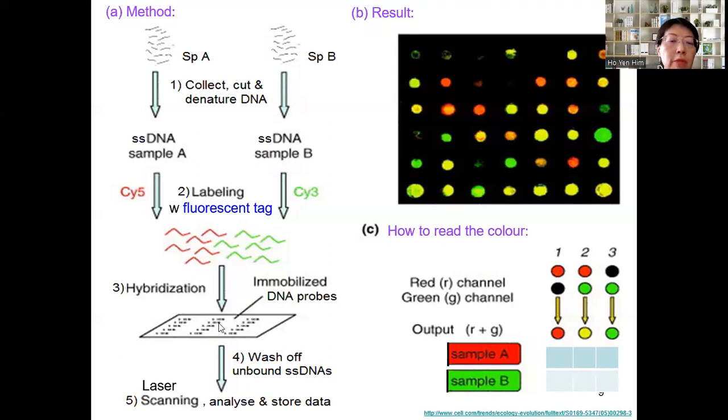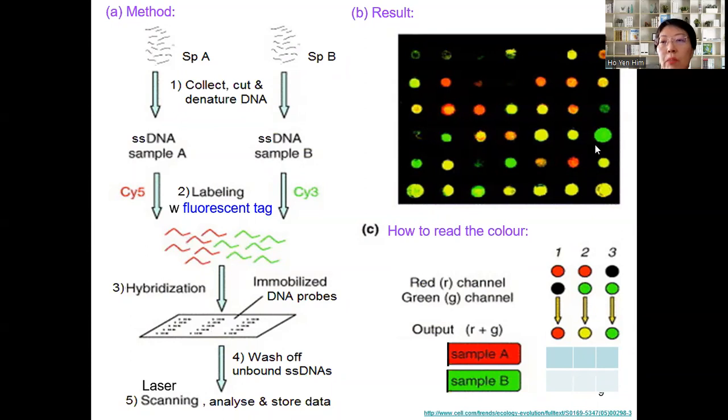So we allow time for binding to happen, and then we wash off the unbound single-stranded DNA, and then we observe the spots using UV light, because those tags are fluorescent. So when we shine UV light on the microarray, whichever part contains DNA with a fluorescent tag will fluoresce.